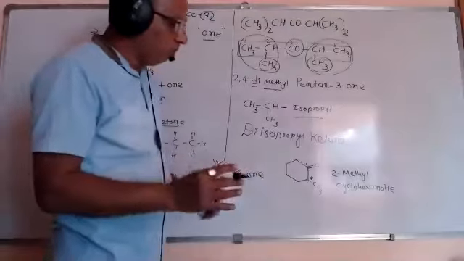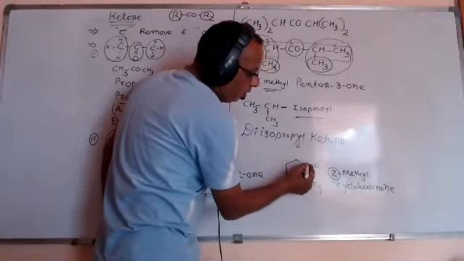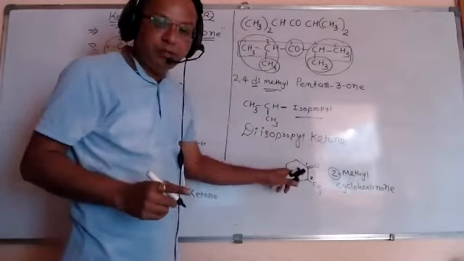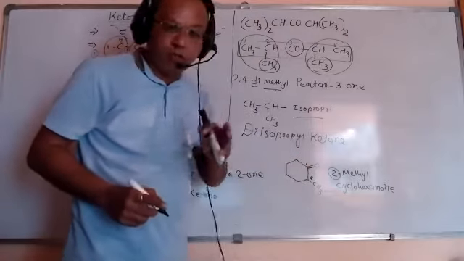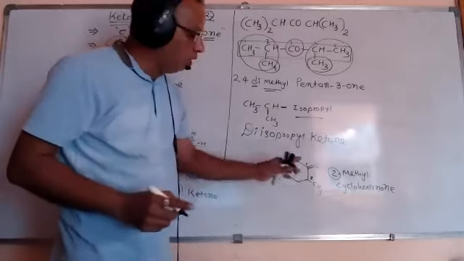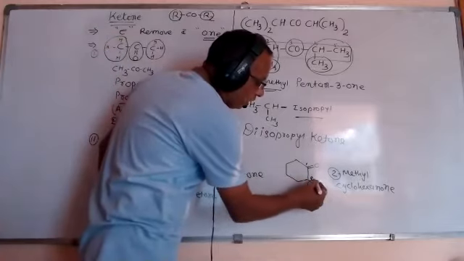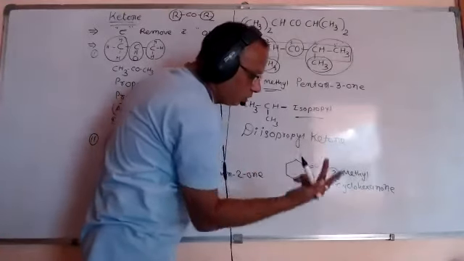specification for each one. 2 for second carbon. As ketone is given priority because methyl and ketone, ketone is more powerful, so ketone's carbon is to be given priority. So this is number 1, this is number 2. On second carbon, what is present? CH3 is present, so methyl is mentioned, that's why number 2 is written.